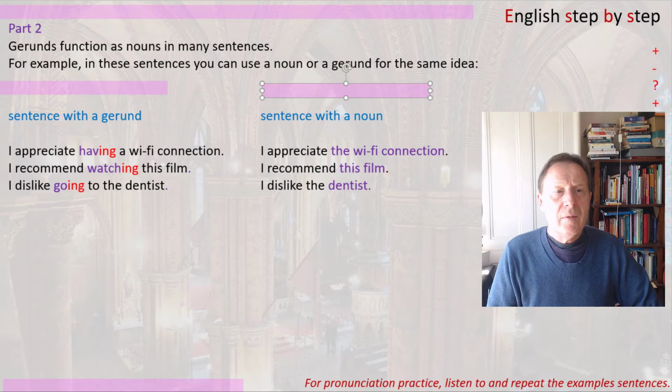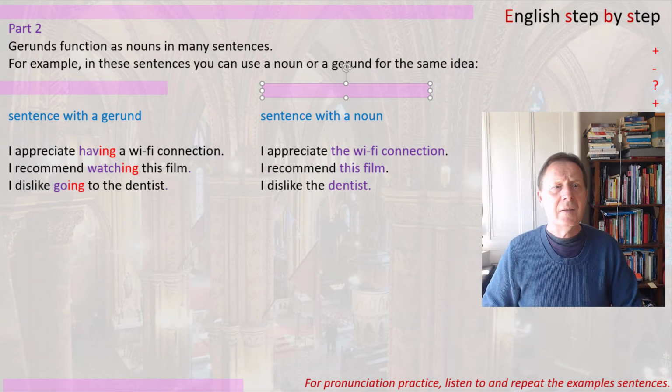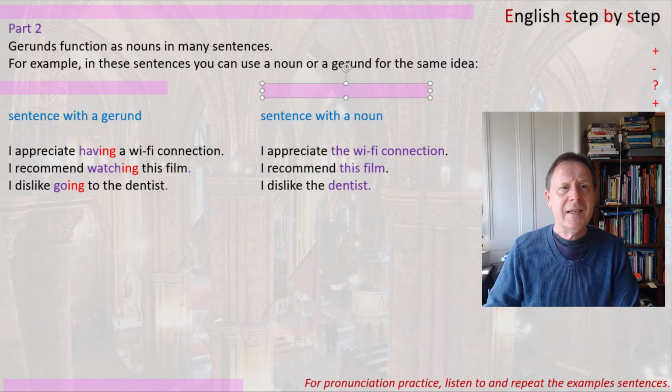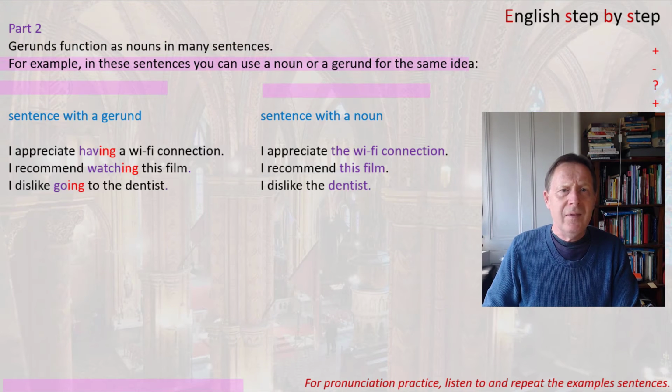Now, an important thing to know about a gerund is that it functions in the same way as a noun in many sentences. So, for example, in these sentences you can use a noun or a gerund for the same idea. So let's look at these. I appreciate having a Wi-Fi connection.